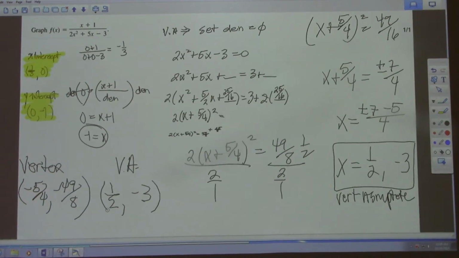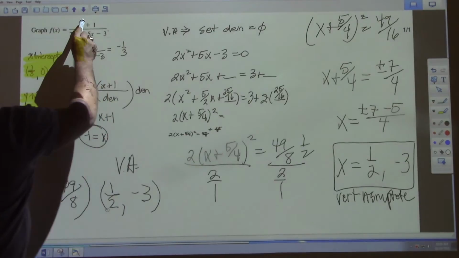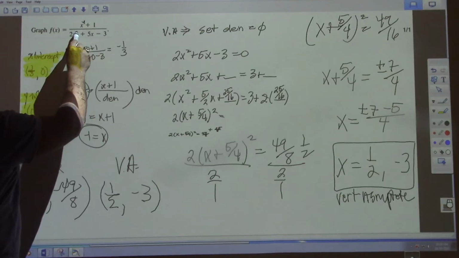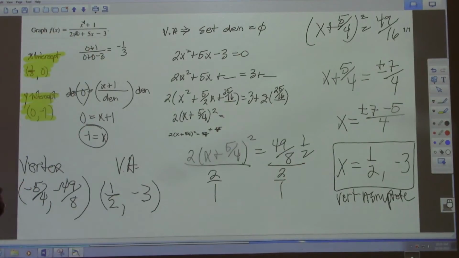Now the vertex is not going to be exactly right because of the x plus 1 on top, but it's going to give you the vicinity at least. Now we got to find a what? Horizontal or oblique asymptote. Well, what is this? What is the degree of this numerator? 1. What is the degree of this one? 2. So the horizontal asymptote is what?